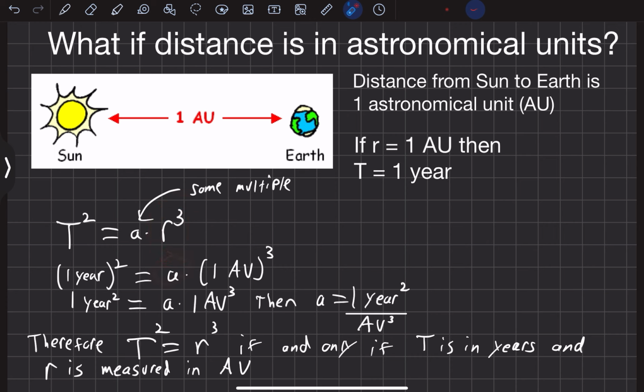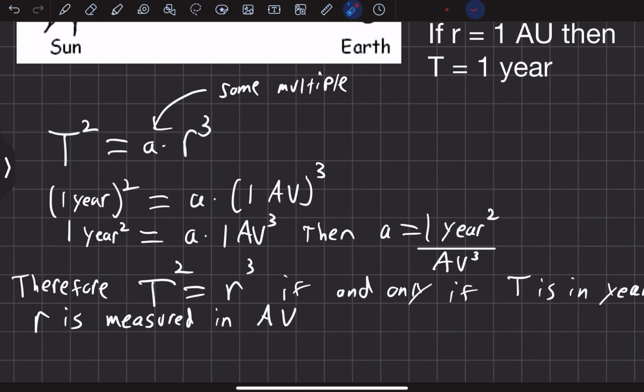Let's just leave this constant as a variable A, and let's plug in 1 year, square it, and 1 astronomical unit, and cube it. And then let's solve for what this constant must be. So you rearrange and find out that A must equal 1 year squared over 1 astronomical unit cubed. What's important here is that the numerical value of this A is just 1.